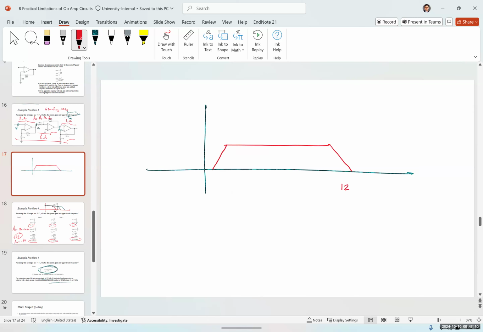Let's say 125 kilohertz. The other op amp is between 10 and 250. And the third one is between 50 and 333.